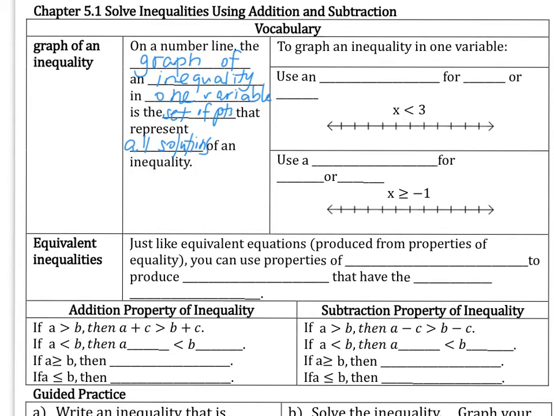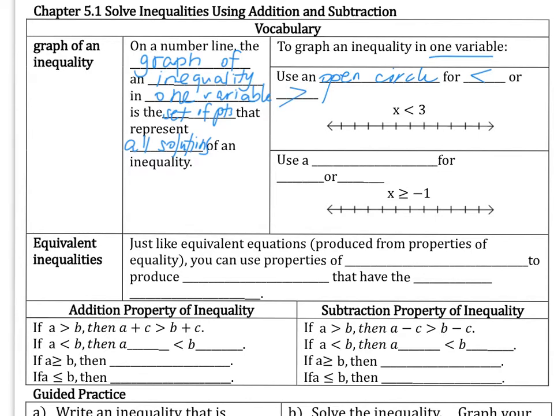To graph an inequality in one variable, you use an open circle for a less than or greater than sign.